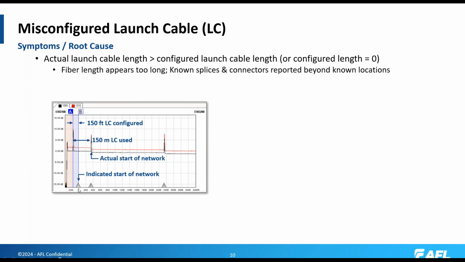As a result, the start of the network is reported at the end of that 150-foot launch cable, and we see a second event being reported at the actual end of the launch cable. And our third event being reported out here at about 2350 feet is quite a bit longer than the actual length would be from the end of the launch cable to this event here.